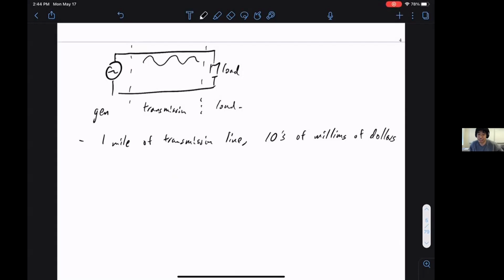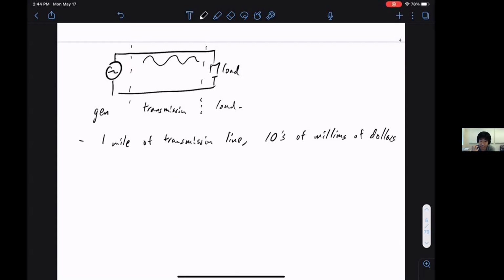Let's be clear: try to build a transmission line and see what happens. So this is the cost. This is factors of just the material cost of the line itself, the labor cost of putting the line up, and the cost of buying the land under the transmission line. Okay, so it costs a lot of money.